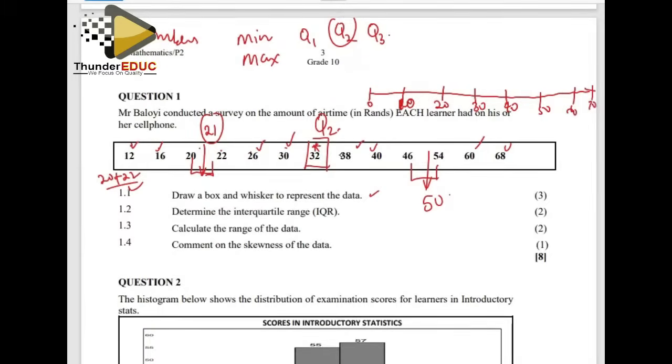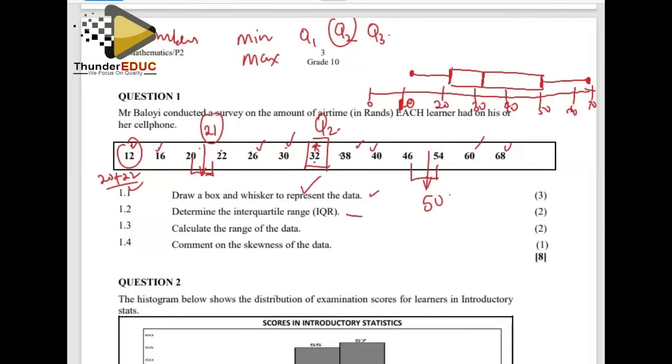So if this is a 10, the smallest number is a 12, which can be somewhere there. Then our Q1 is a 21, which is just slightly after 20. The Q2 is 32, somewhere there. And then the Q3 is a 50, just on the dot. And then 68 can be somewhere there. So use your ruler, and then you connect. Okay, so that is your box and whisker.